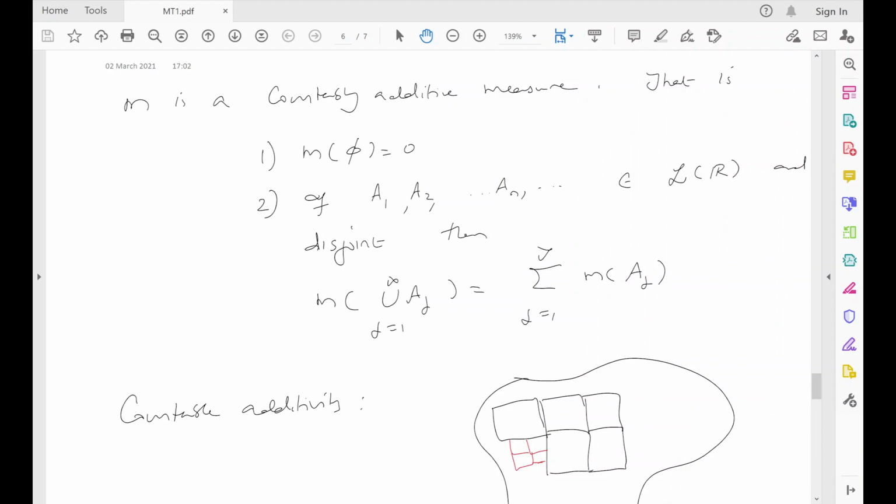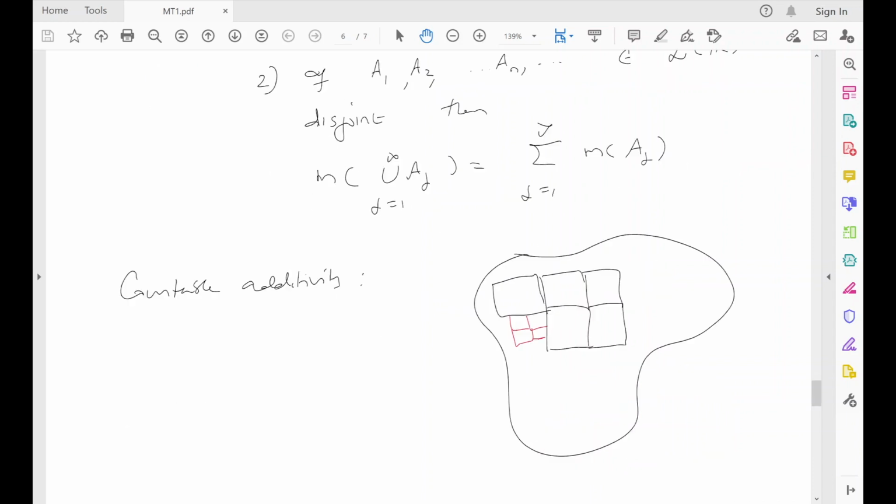That is the countable additivity property. Okay, so countable additivity is an extremely important property which allows us to take limits and things like that in integrals and so on, which you will see in the next lectures. But let me motivate countable additivity by this picture.